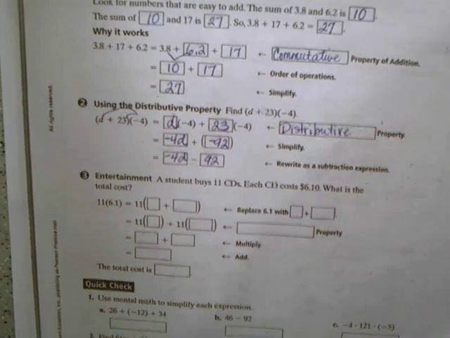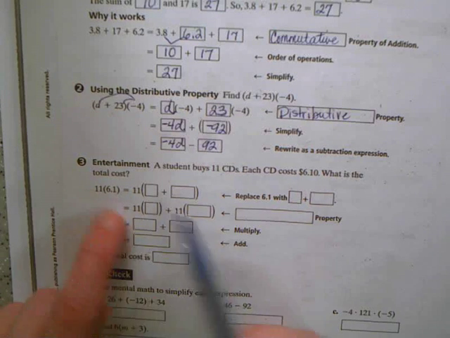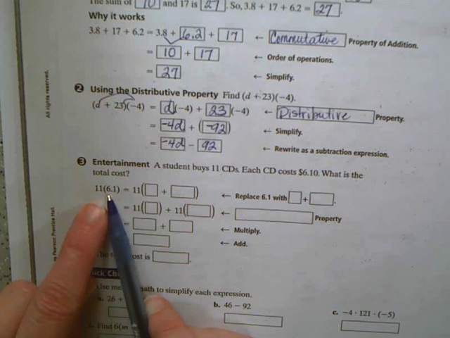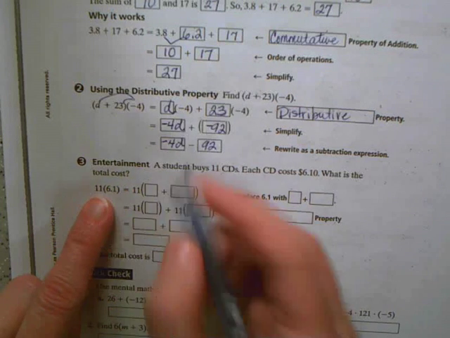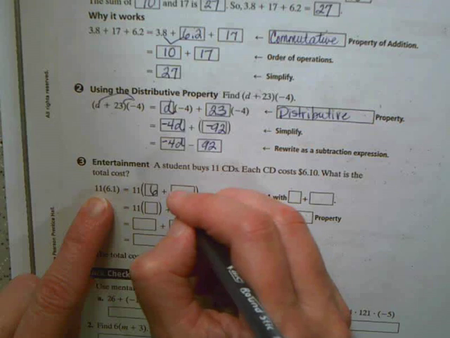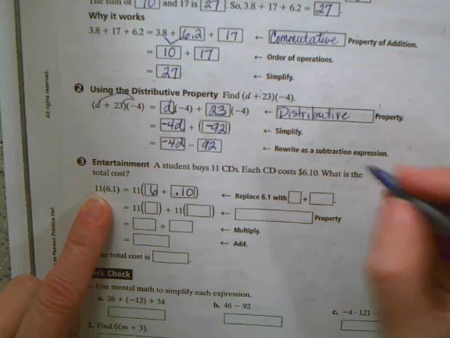And number 3. A student buys 11 CDs. Each CD costs $6.10. What is the total cost? And here again, we're going to use the distributive property. What we want to do is think of this as 11 times $6, plus 10 cents, or 0.10, or just 0.1 if you'd like.